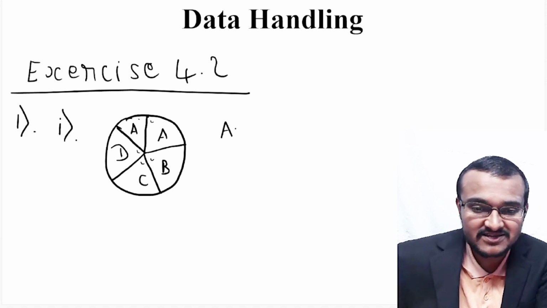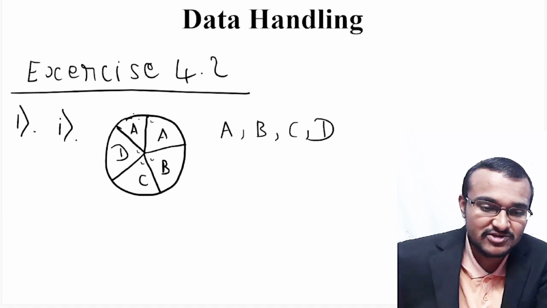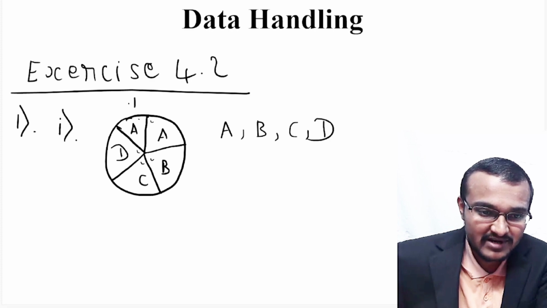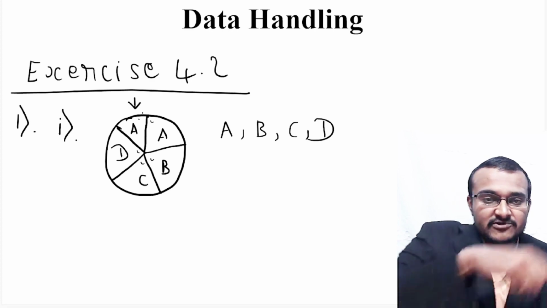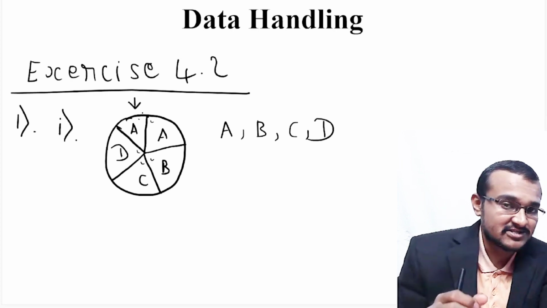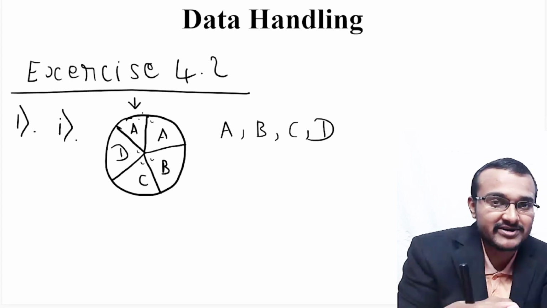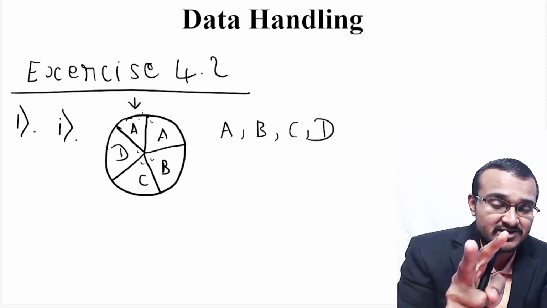So here the answer will be A, B, C, D, because when you spin a wheel, for example, an arrow mark is there here, and if you are spinning this particular wheel, at which particular point might that wheel stop? So either it may stop at A or B or C or D. So there are 2 A's in this particular wheel.